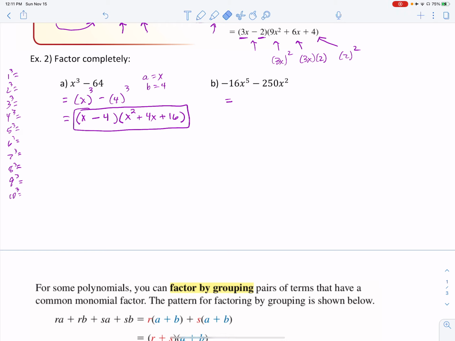So I guess they're both even numbers, so I can take out a 2. And since they're both negative, I'm going to take out a negative 2, and then I can take out the variable to the lowest exponent that's common to both. And so when I factor that out, what is left, I am dividing each term by that negative 2x squared.